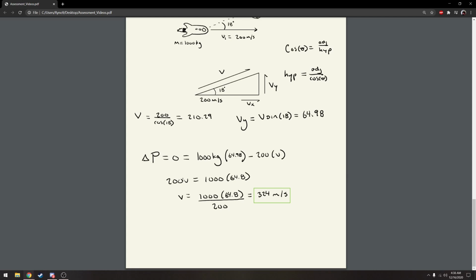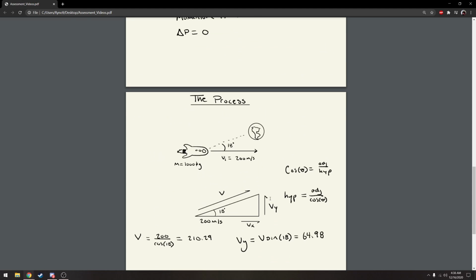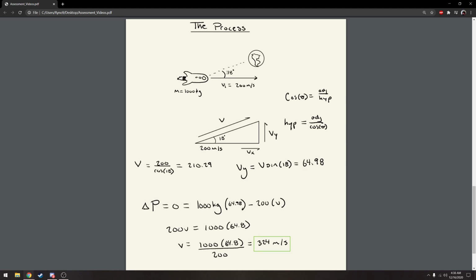Solve for v. We get 200 v is equal to 1,000 times 64.98. Velocity is going to be equal to 1,000 times 64.98 over 200, which is equal to 324 meters per second. So that means that in order to get this 18 degree angle, we need to shoot that capsule 324 meters per second out of the rocket, which is really fast.